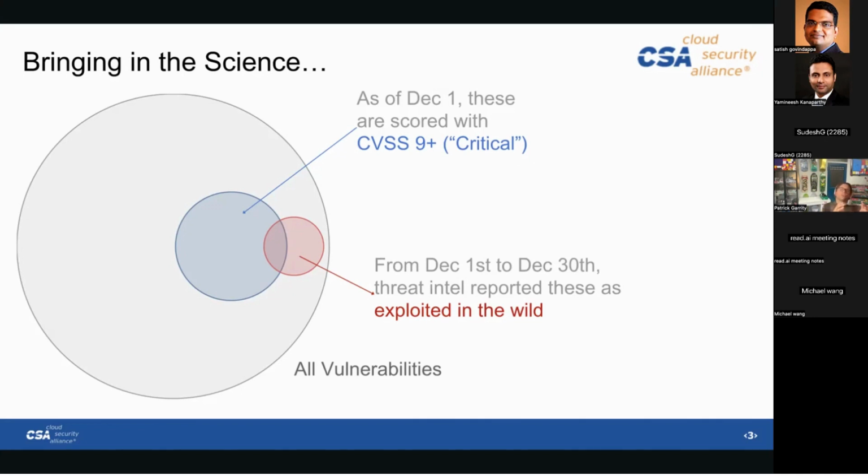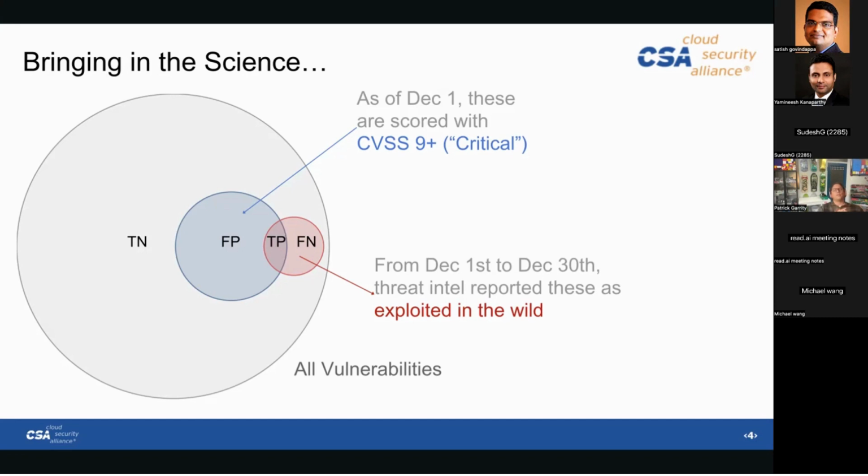We have a blue circle, which is CVSS 9 or above, which is considered critical with the Common Vulnerability Scoring System. And then we have actual vulnerabilities that are exploited in the wild, and that's what the red circle is. And there are really 4 different components. If you think here, you have true negatives, you have false positives, right?